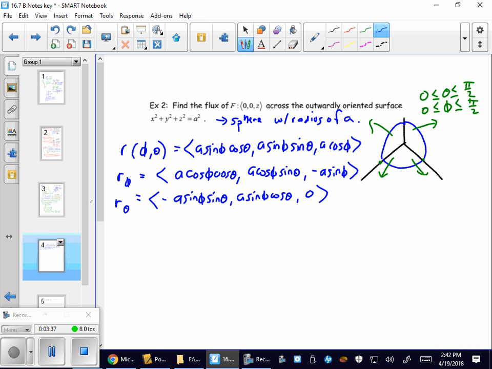We need our normal vector, which is r of phi cross r of theta. And remember that this could be r of theta cross r of phi. We're going to have to determine that by seeing what the signs of these things are as we get this. So let's do this one first, r of phi cross r of theta.